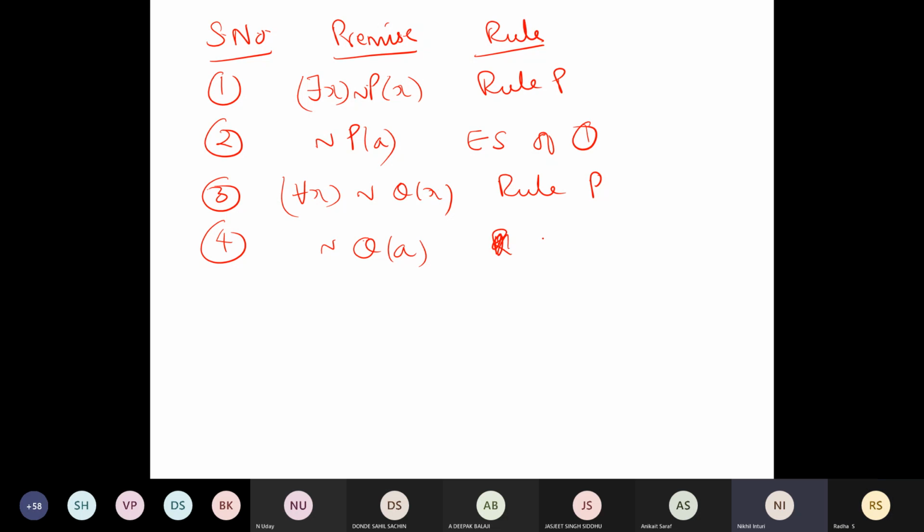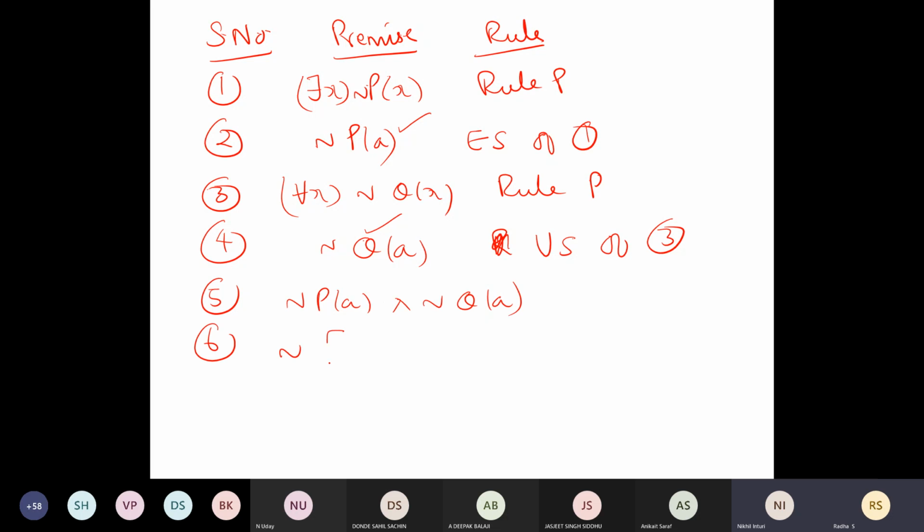Universal specification of 3. So I can say not of P of A and not of Q of A, that is not of P of A or Q of A. Correct? Is this possible? Clear?